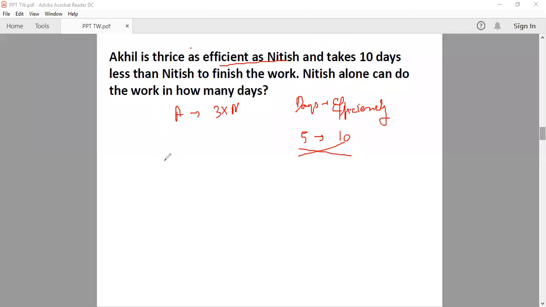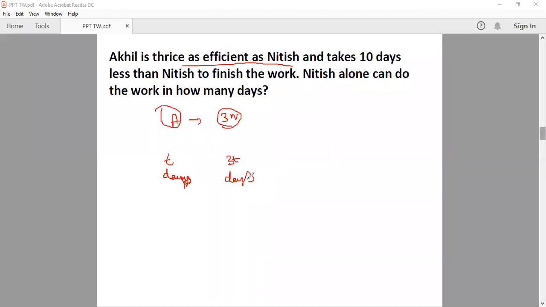So if Akhil takes T days, Nitish will take 3T days. Is this clear? Since Akhil is 3 times as efficient, he takes 1/3 of the time. Is it clear to everyone?